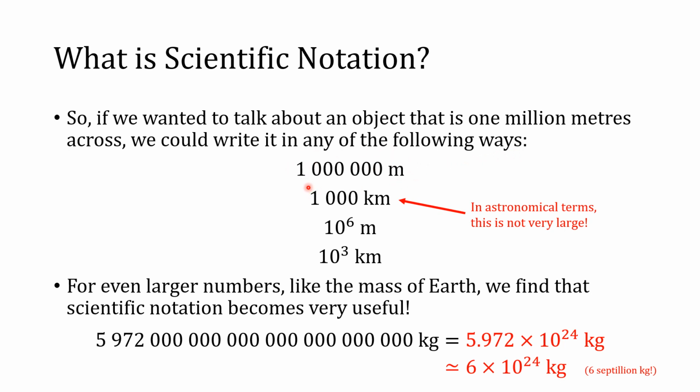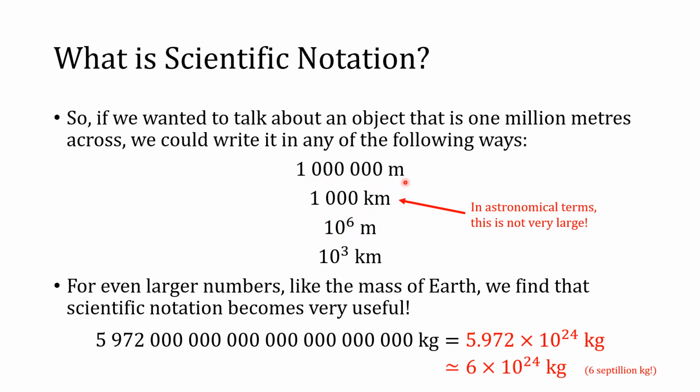We could write it as 1 million meters, or we could recall from the metric system, which you guys either have seen or will see shortly in your math class, that we could write 1 million meters as 1,000 kilometers, because 1 kilometer is 1,000 meters. So we could say it's got a diameter of 1,000 kilometers. That's fine. Or we could start to use this exponent notation.